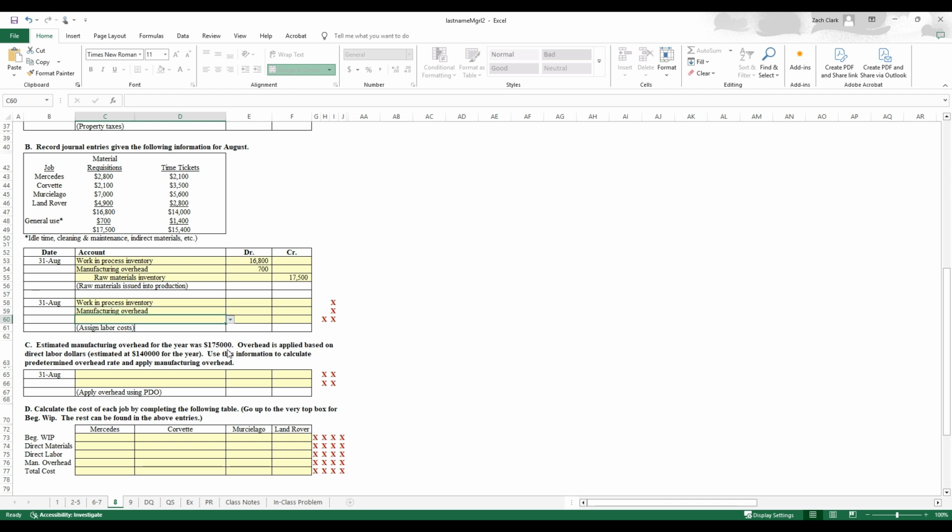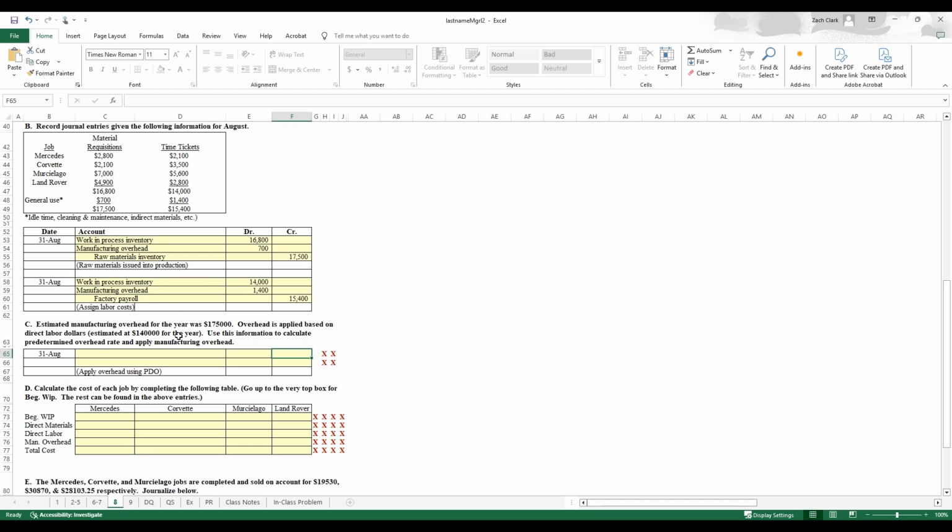This is factory payroll. We've got 14,000 of direct labor, and the overhead portion is the 1,400. You add those together, and it shows us right here that the total is 15,400. And we've now assigned our labor costs.